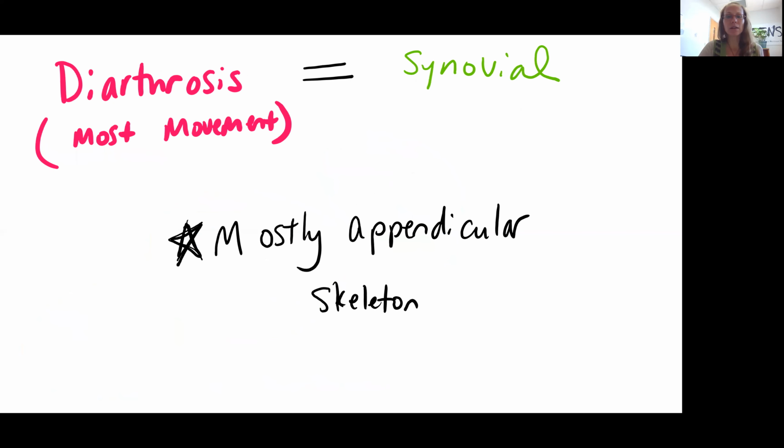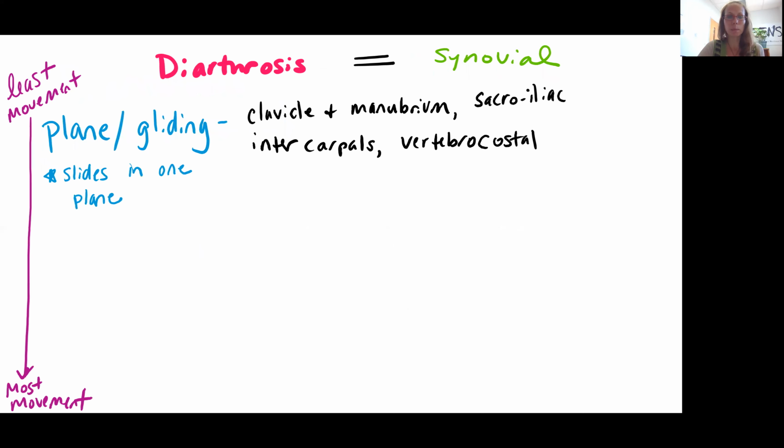When we talk about the diarthrosis and our synovial joints, we're going to see these mostly in the appendicular skeleton, which are our appendages, and all of those bones that attach our appendages to the axial skeleton. The diarthrosis, remember, is our freely movable or most of movement type of joint, and so it does make sense that we need this to be primarily in the appendicular skeleton.